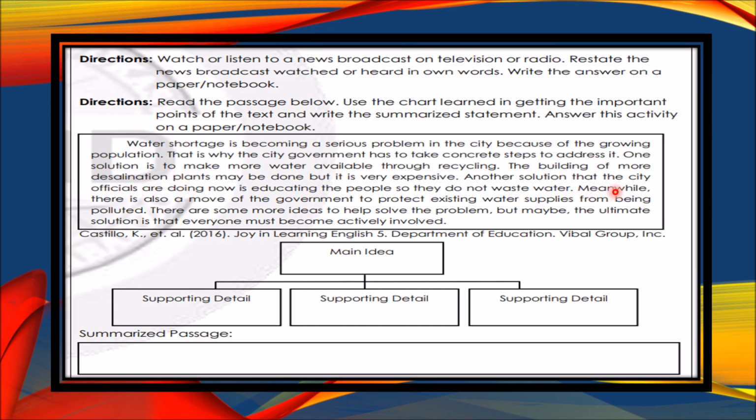Then another solution is educating the people so they do not waste water, and also protect the existing water supplies and help the problem. So, these are the main idea.